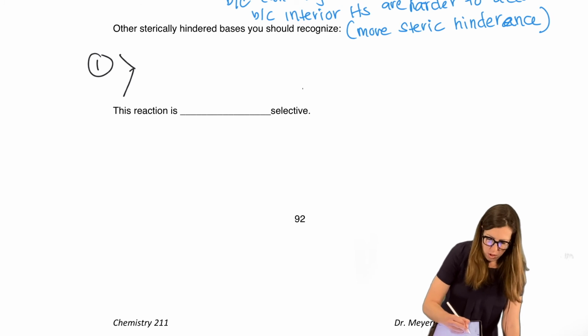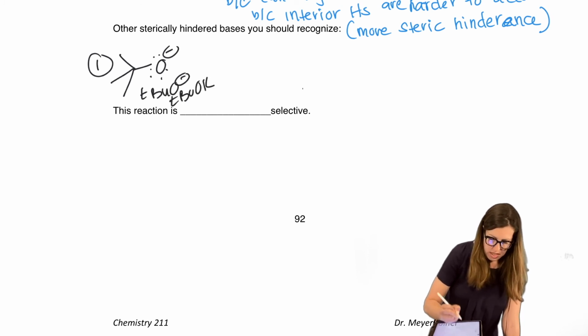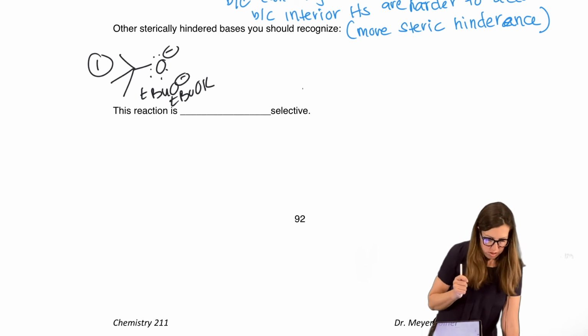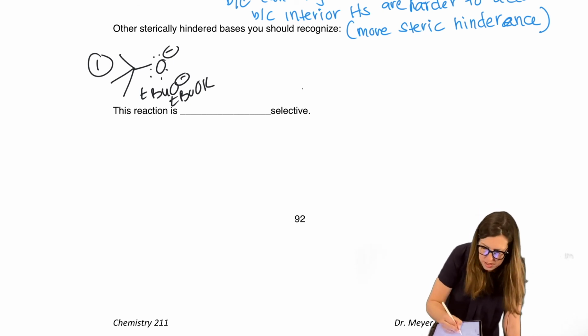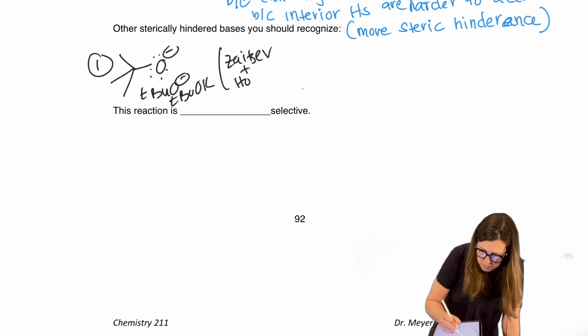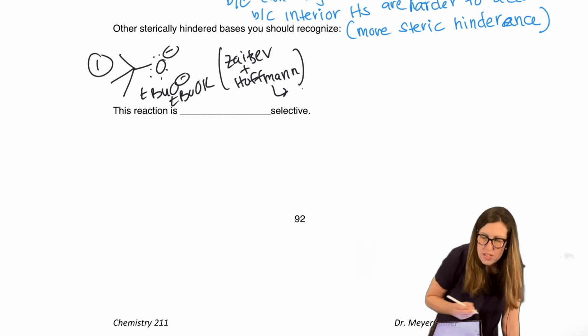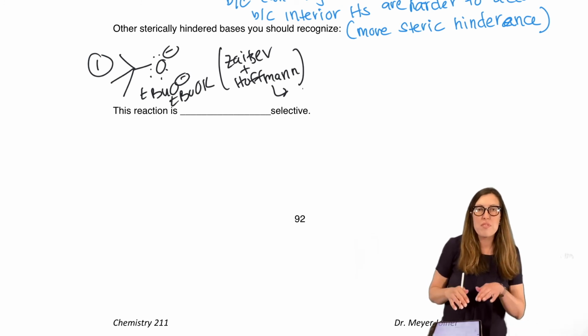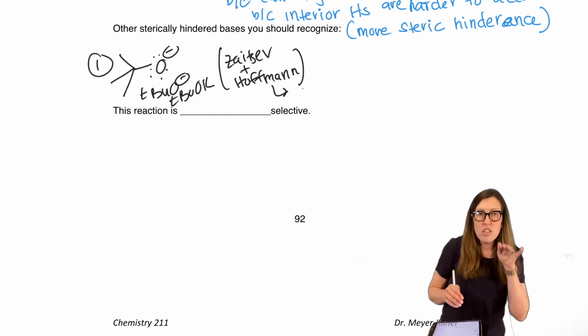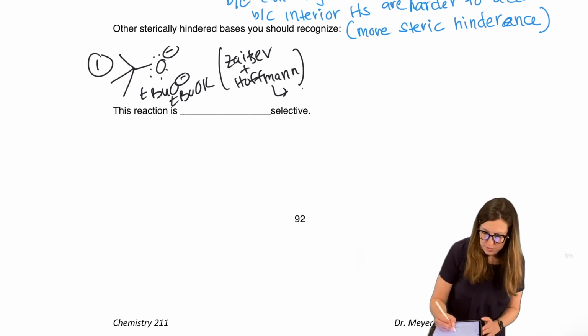So I'm going to throw in T-butoxide. So it's often written TBUO minus, TBUOK. That's our bare minimum bulk. But the problem is it will do Zaitsev and Hofmann. Okay, but it only really favors Hofmann. If you want to favor it, you got to amplify it by also making the substrate bulky.